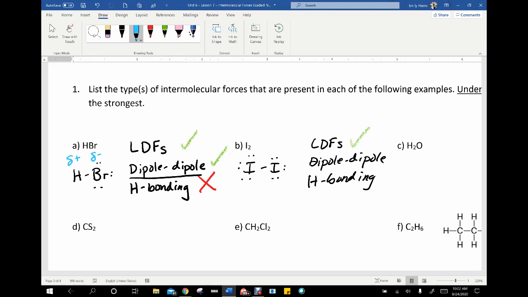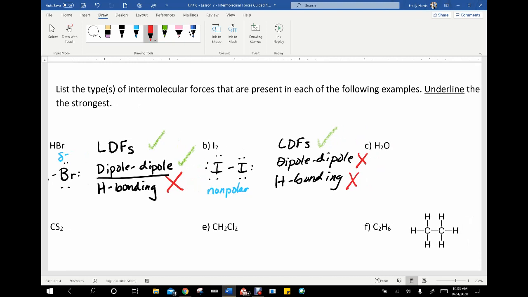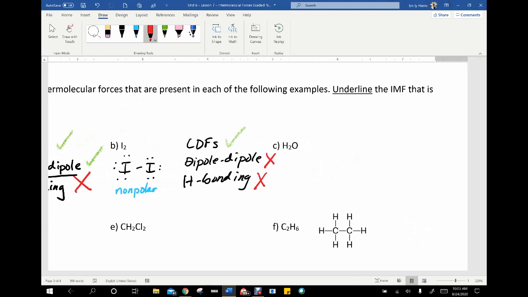Since iodine is the same thing as iodine, there's no difference in electronegativity, and this molecule will be nonpolar. If it's nonpolar, then it cannot have dipole-dipole forces. And nonpolar molecules also cannot do hydrogen bonding. We don't see any hydrogen here, and it's not attached to F, O, or N. Alright, now let's look at our good old water molecule.